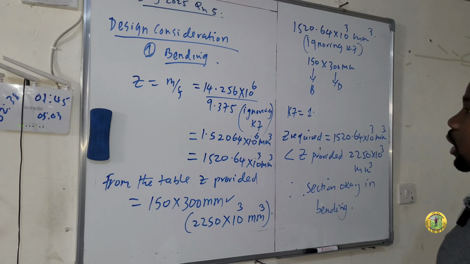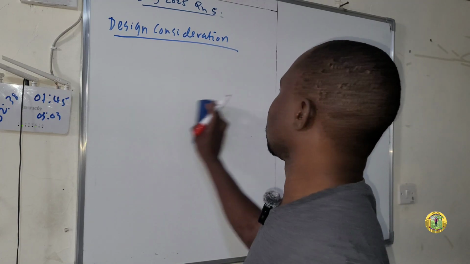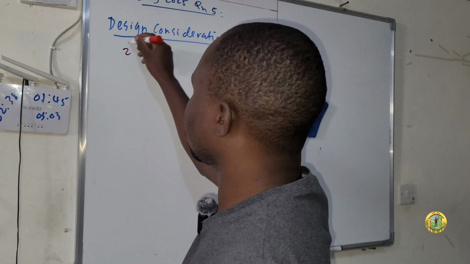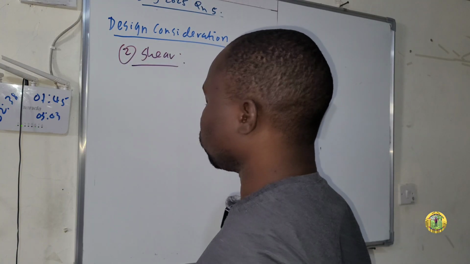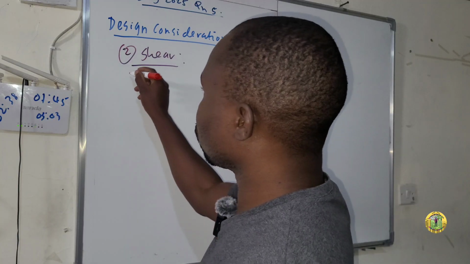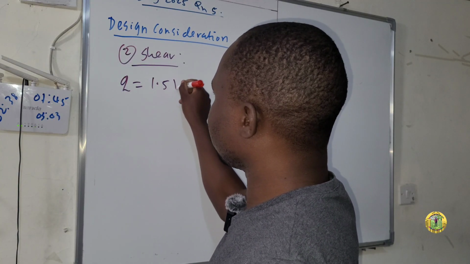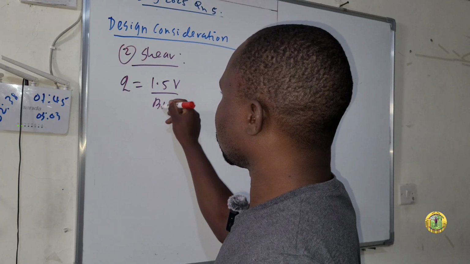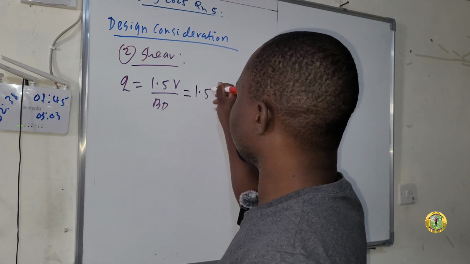So I will proceed to design consideration number 2, which is shear. For shear, Q is equal to 1.5 V over BD. So this one is equal to 1.5.